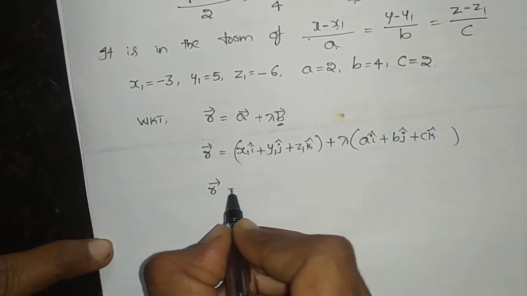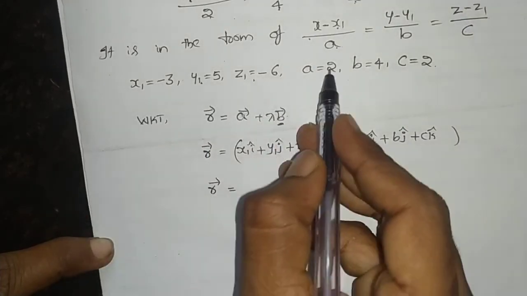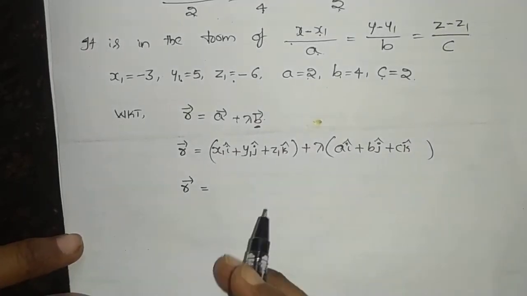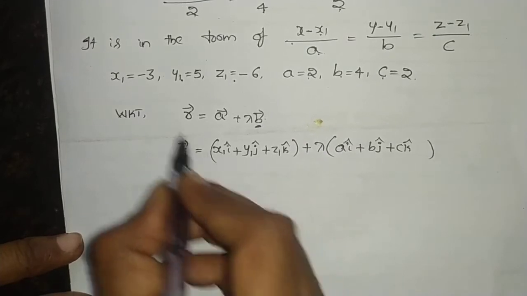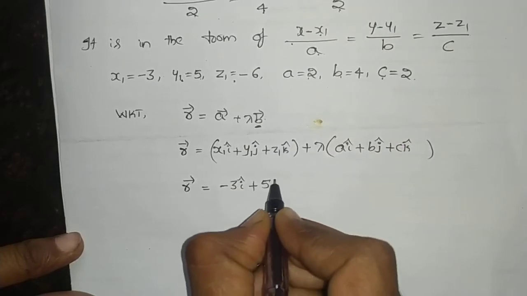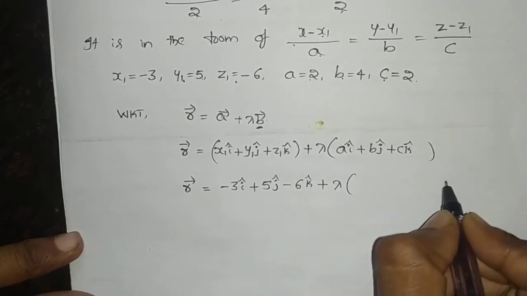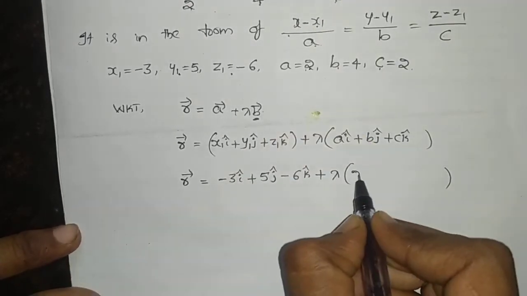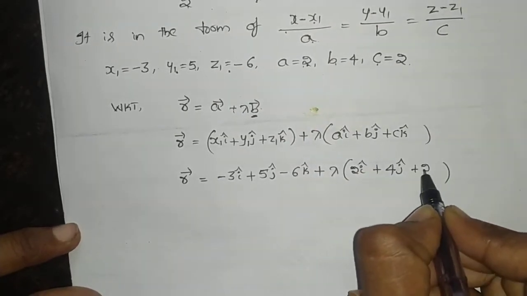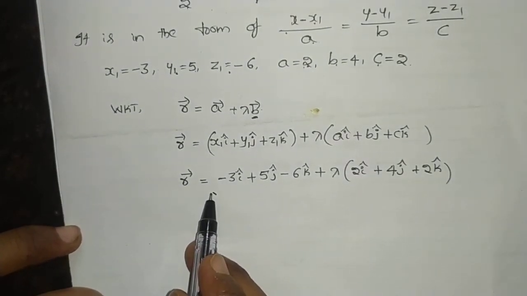You just replace x1, y1, z1, a, b and c in this equation. That is the required vector equation: r vector equals minus 3i plus 5j minus 6k plus lambda into (2i cap plus 4j cap plus 2k cap). It is the required equation of the vector, right?